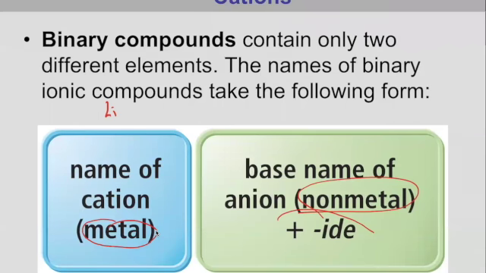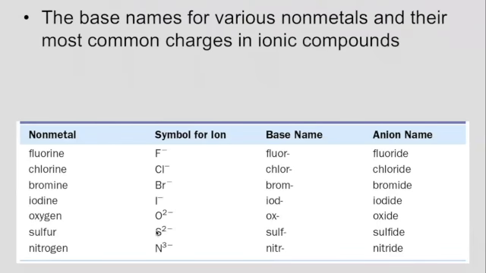But if you have chlorine at the end, you're going to take the base and change the ending to ide. So chloride, to give you an idea. If you have fluorine, you're going to change the ending into ide: chlorine, chloride, and so on.